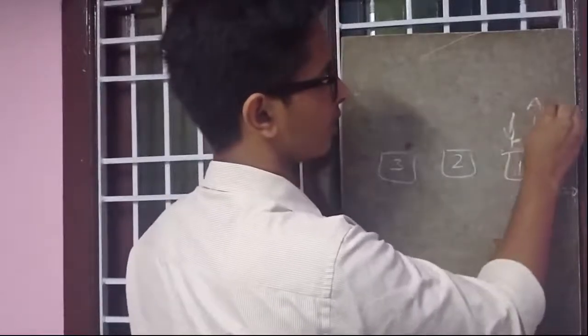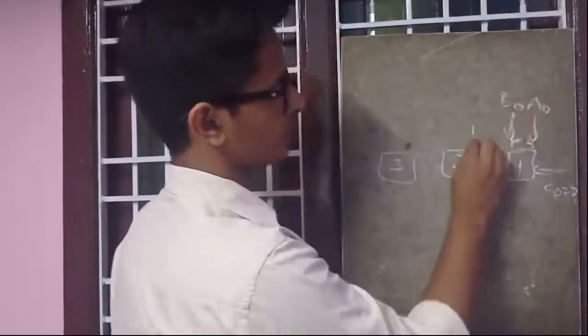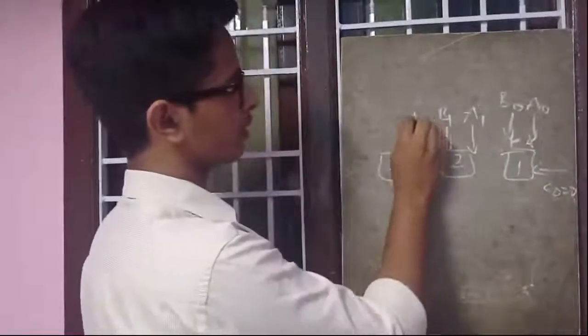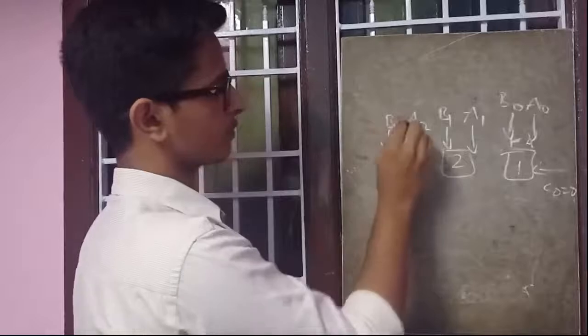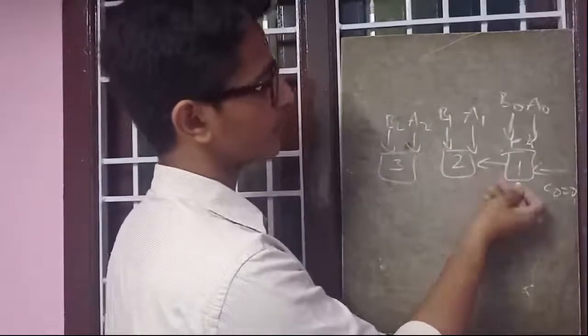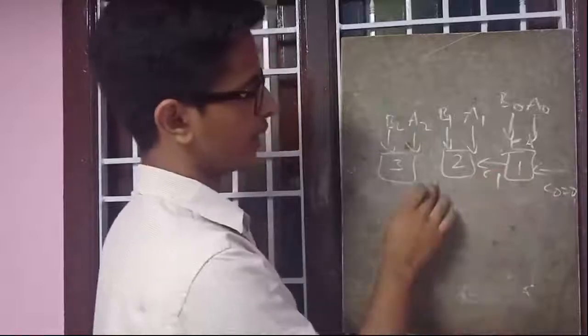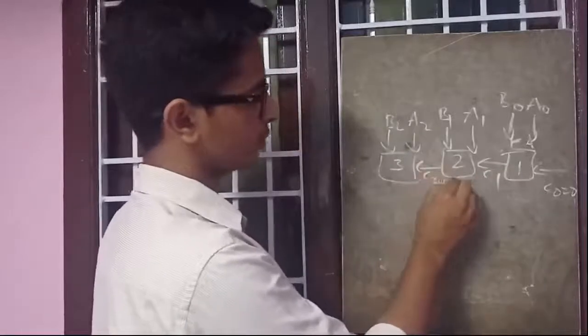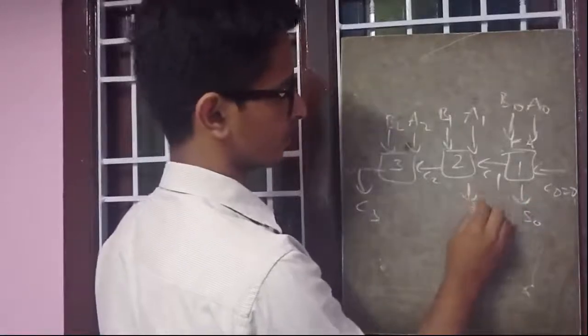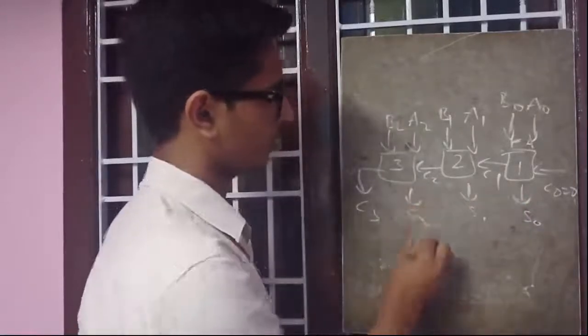Inputs are A0, B0; these inputs are A1, B1; these inputs are A2, B2. The output carry from this adder is C1, the output carry from this adder is C2, similarly C3, and the outputs are S0, S1, S2.